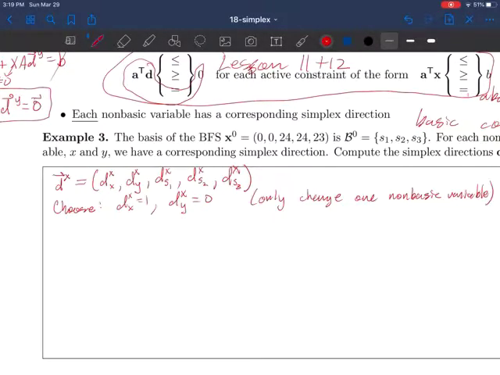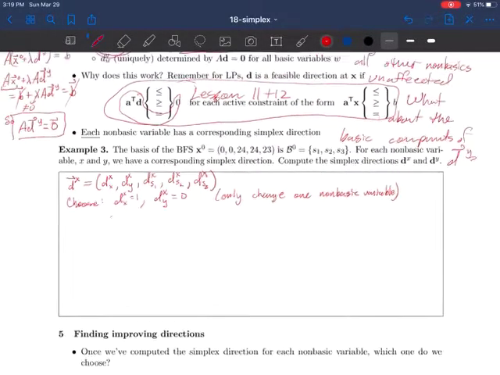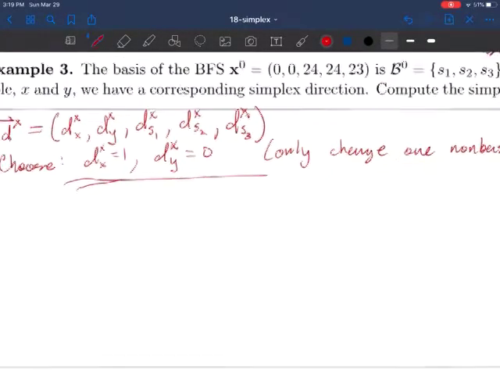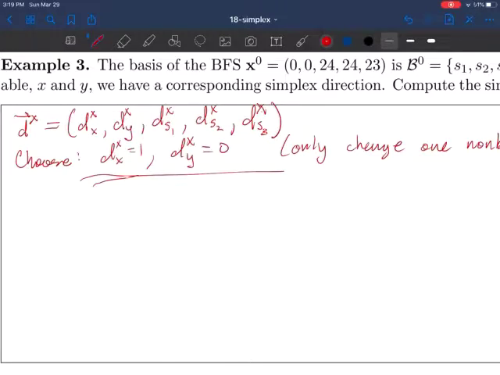We have to make it positive because our variables have to be non-negative. So we couldn't make it negative, or we would be leaving the feasible region. Okay, so we choose that. This is going to be part of the way of moving along this edge direction.